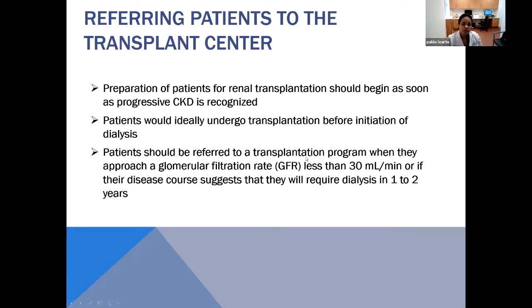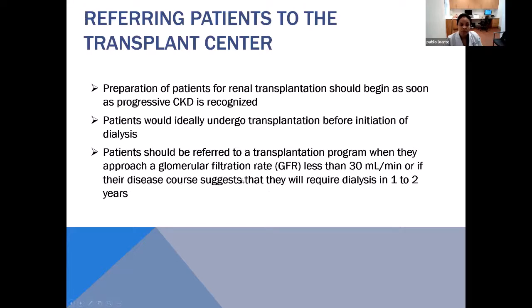You should consider referring a patient for transplant evaluation if their GFR is less than 30 and the disease course is so rapid that you expect that they're going to require dialysis in 1 to 2 years. Even though you're referring them with a GFR less than 30, the patient is actually not eligible to be listed for transplant until their GFR is less than or equal to 20.